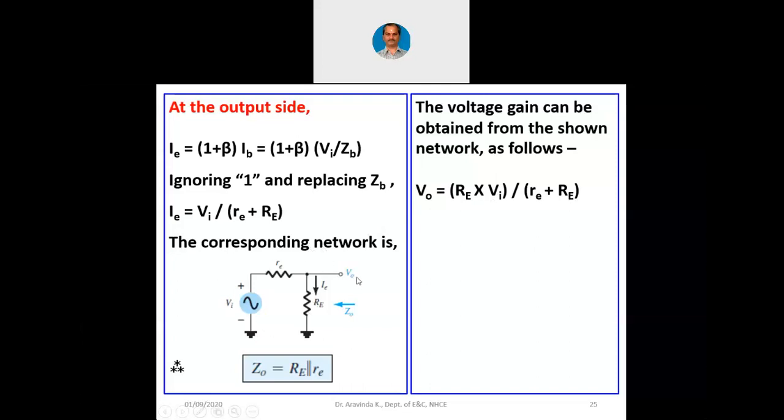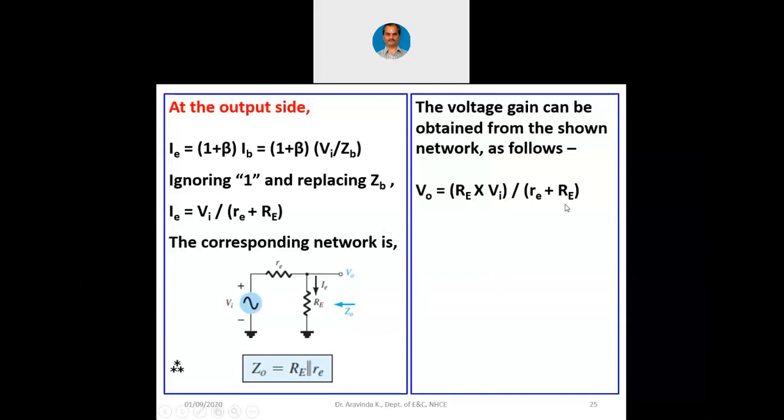Now we want to find out V0 divided by Vi. So this V0 is across Re itself. The total voltage across the network is Vi and we are taking the voltage only across Re. So Re into Vi divided by small re plus capital Re, this is V0.